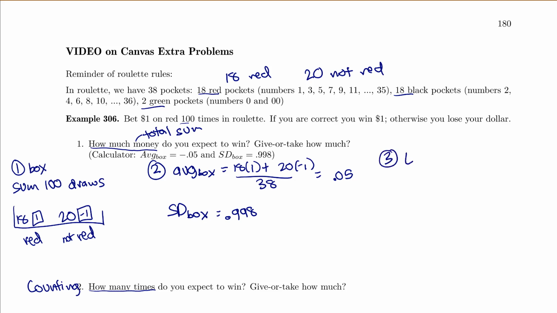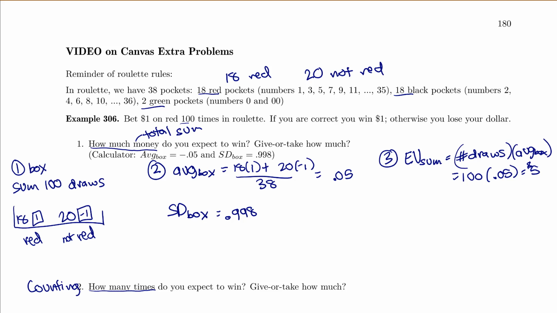Step 3. Now that we've done all that, let's find our expected value and standard error. So my expected value is equal to the number of draws times the average of the box. So my number of draws is 100 draws. The average of my box is 0.05. So I get $5.